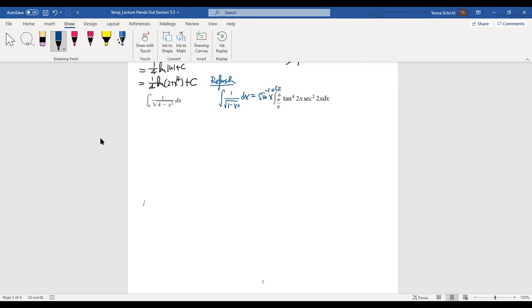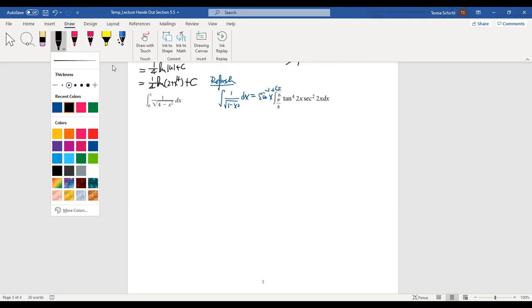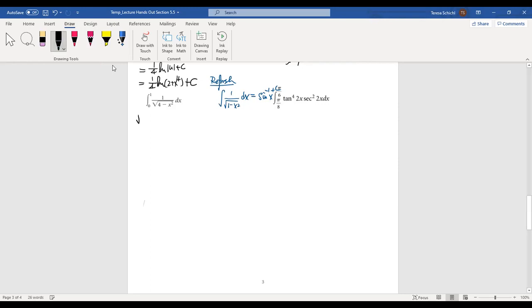And now my formula looks very similar, except this is 4. So I was thinking, if I can change this one to the 1 minus x squared, then I might be able to find the integration using my formulas here. So let's take a look. What can I do? This is a 4 minus x squared. I want to change this to 1. So let's try this: I factor the 4 out.